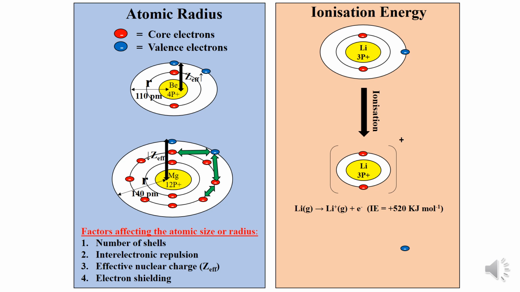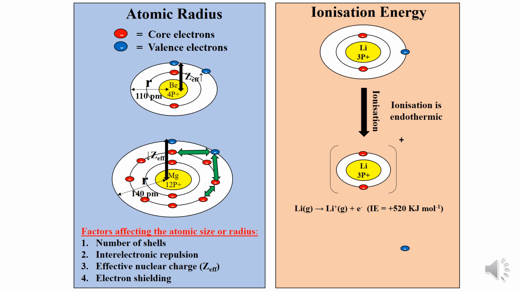And 520 kilojoules per mole of energy is required to remove the valence electron in case of lithium atom. And therefore, ionization is an endothermic process indicated by a positive sign, that is plus 520 kilojoules. So the positive sign is an indication that it is an endothermic process, or it is an energy demanding process.